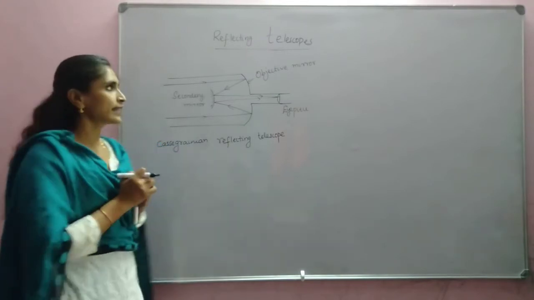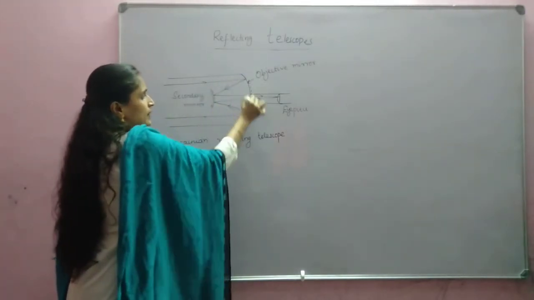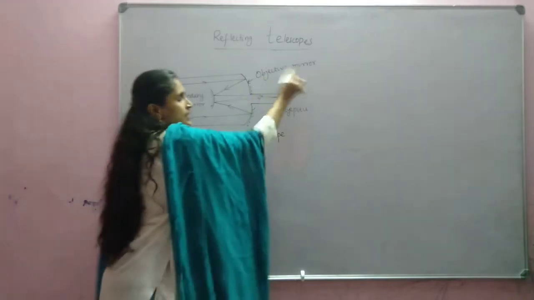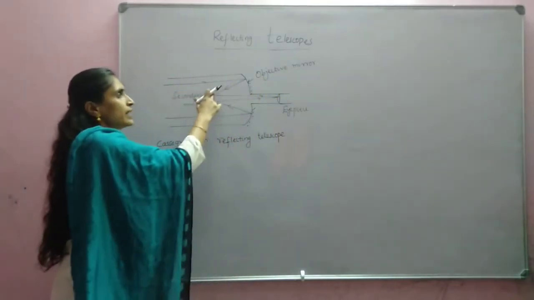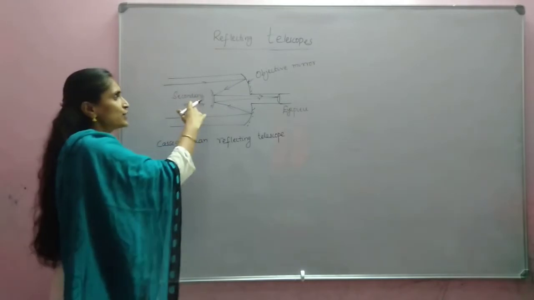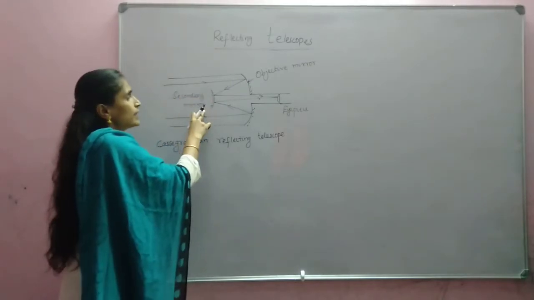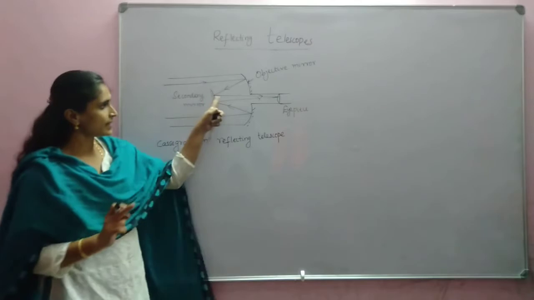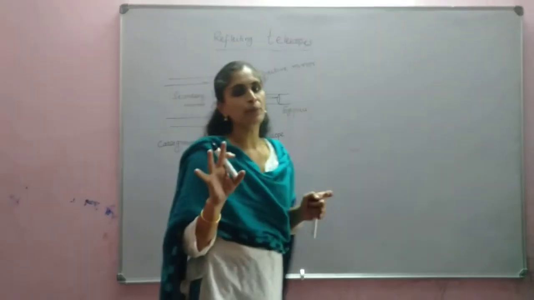This objective mirror is a parabolic mirror. Light is incident, and before converging, it is reflected by a secondary convex mirror, and this reflected light is collected by the eyepiece to view the object.